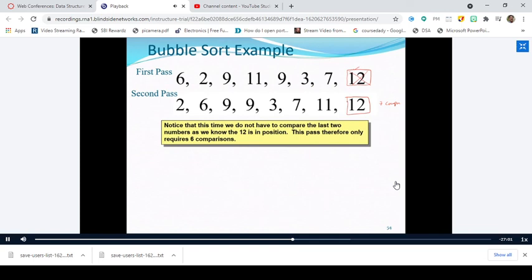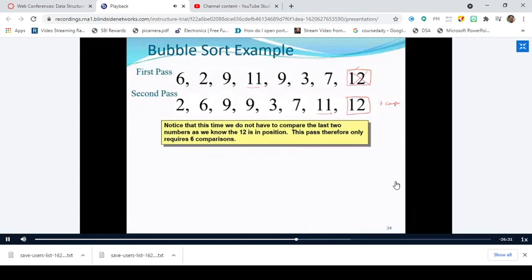What happens after the second pass? The next largest element will be placed at the last. Super. The next largest element is 11, which will be placed at the last but one position. But we should not take it as the last but one position.